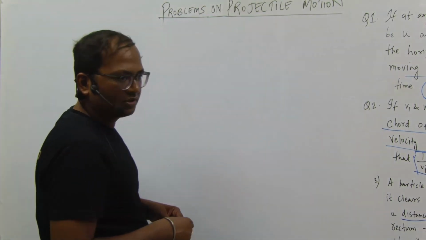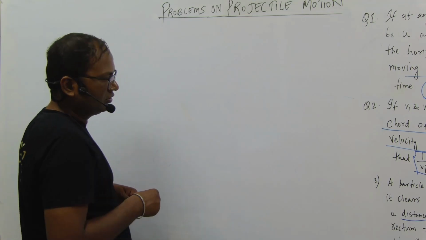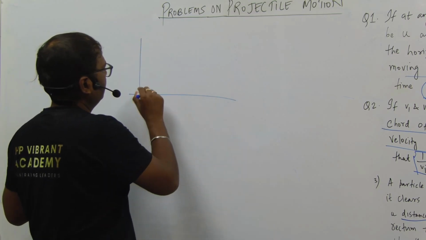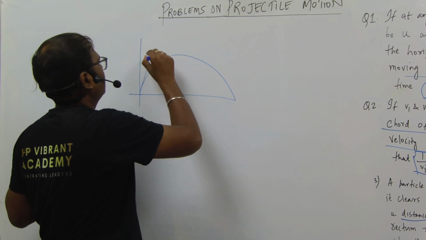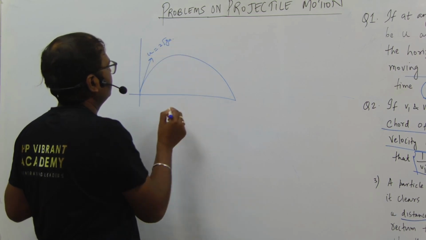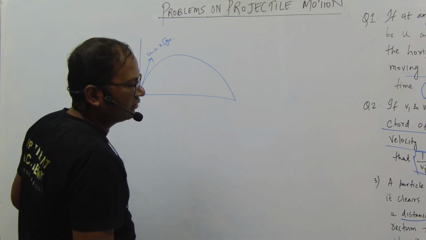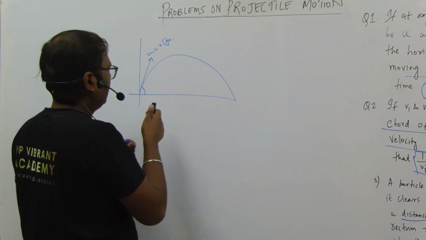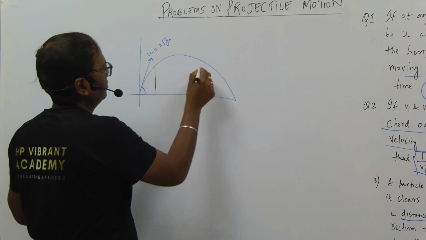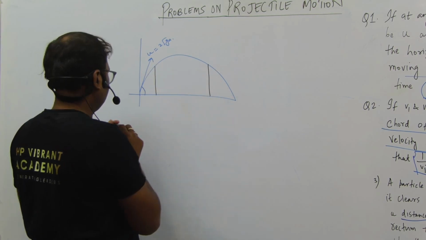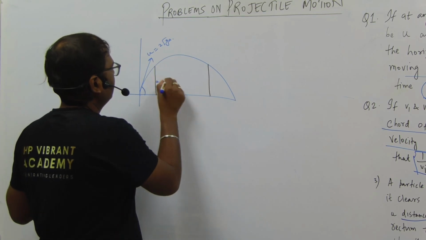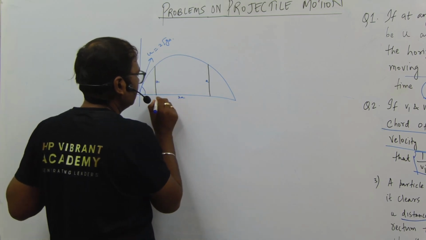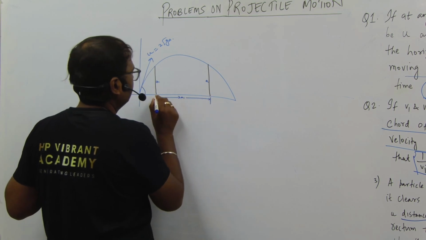So what is given in the question is that a particle is projected with an initial velocity 2 root under GA, such that it clears two walls of equal height A. So let us take this: we have two walls of height A, and the distance between the walls is 2A.